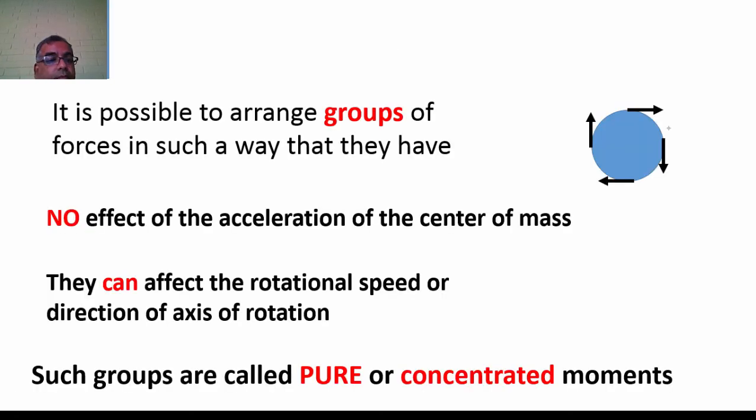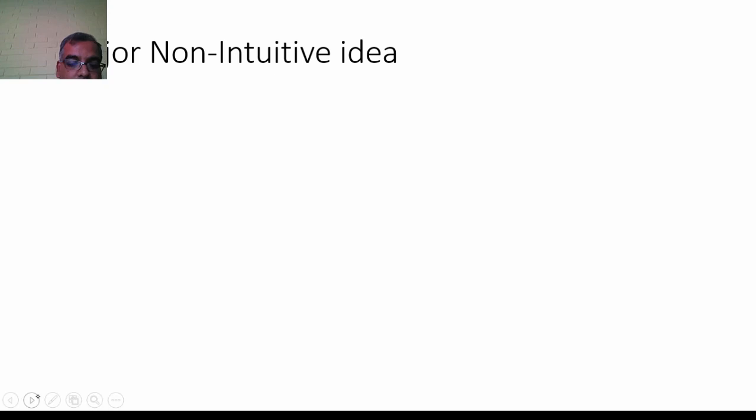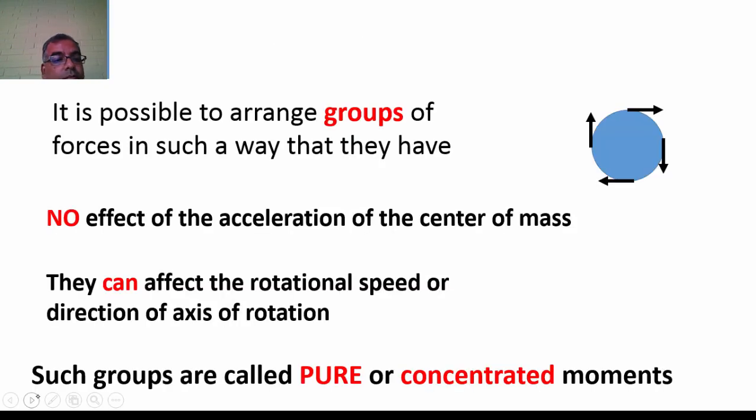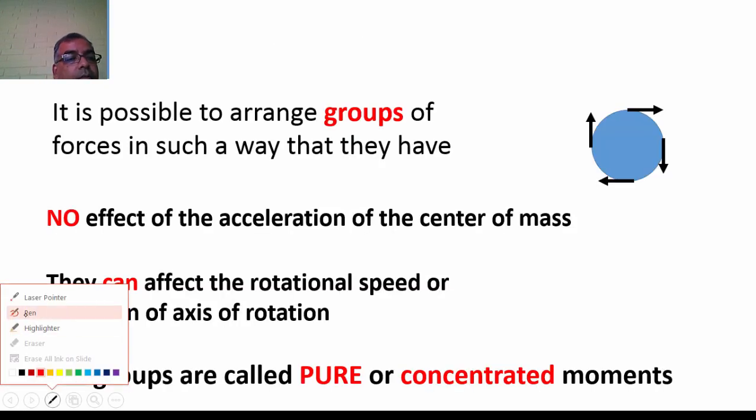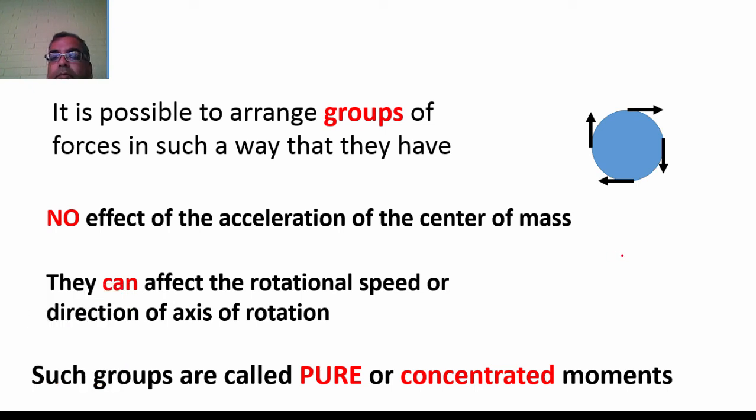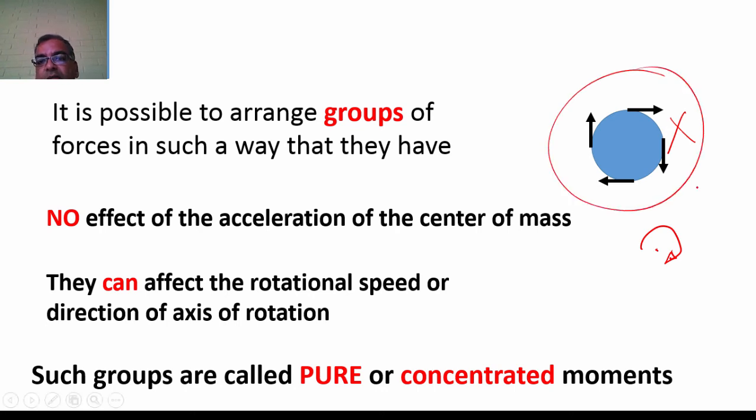Instead of drawing all this stuff, we will just draw it like that. The rotational effect of this is drawn like this. This is called a concentrated moment, or in many cases it's called a couple because you need groups of forces.